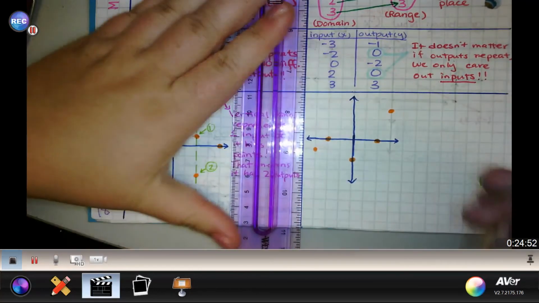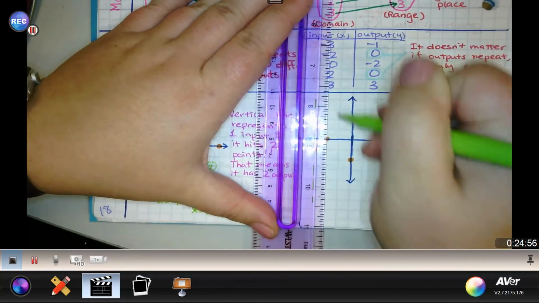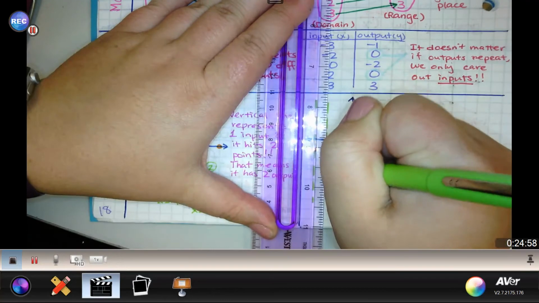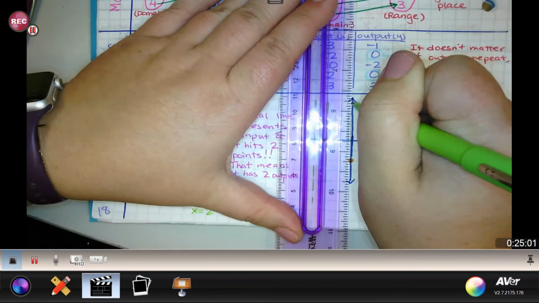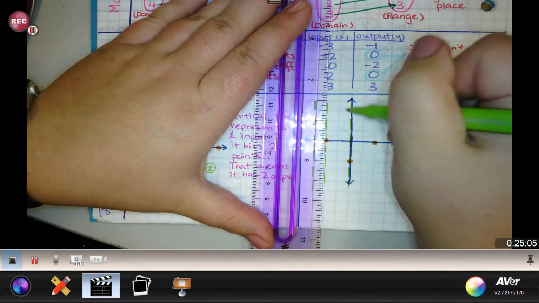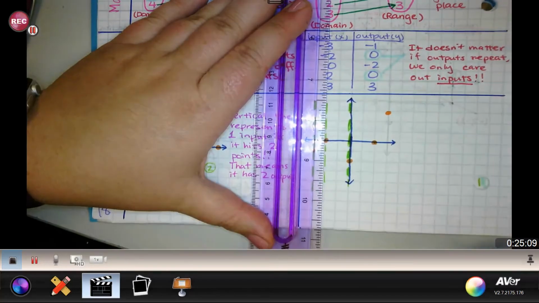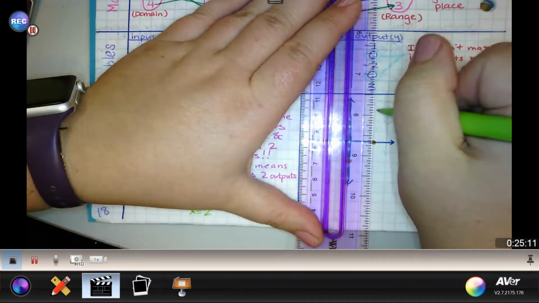Whereas if we come over here and really quickly do a vertical line for each of these, I'm going to see how one is literally on the axis. It's kind of hard to see on the video, so I'll make thicker lines there.